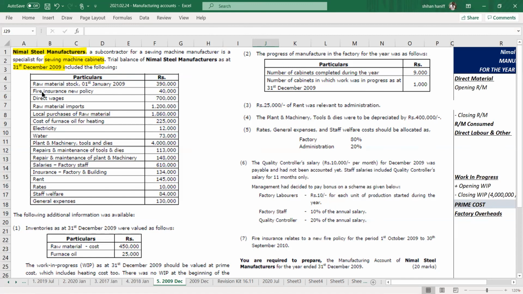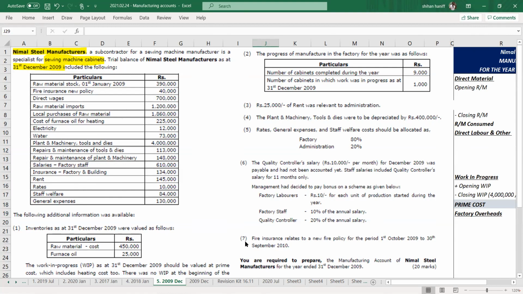Raw material stock, fire insurance new policy, direct wages, raw material imports, local purchase of raw material, cost of furnace oil for heating, electricity, water, plant and machinery, tools and dies, repair and maintenance of tools and dies, repair and maintenance of plant and machinery, salaries, insurance, rent, rates, staff welfare, general expenses.